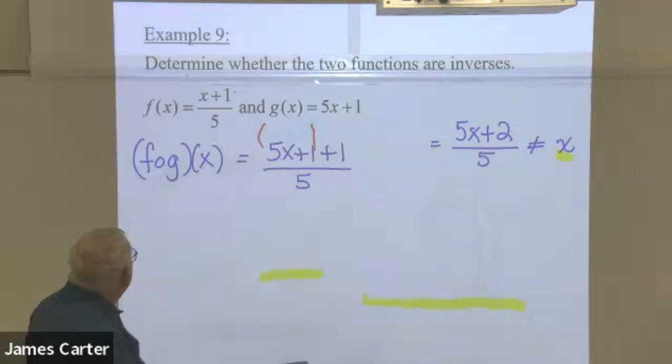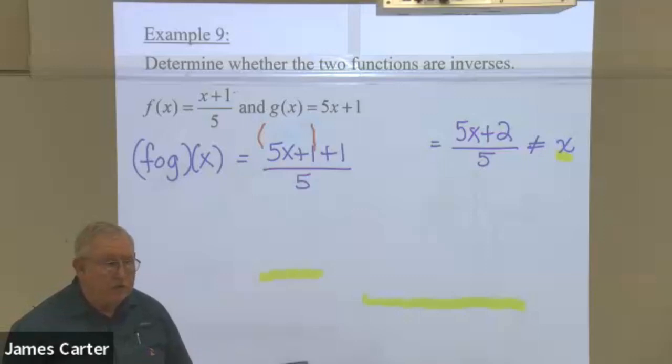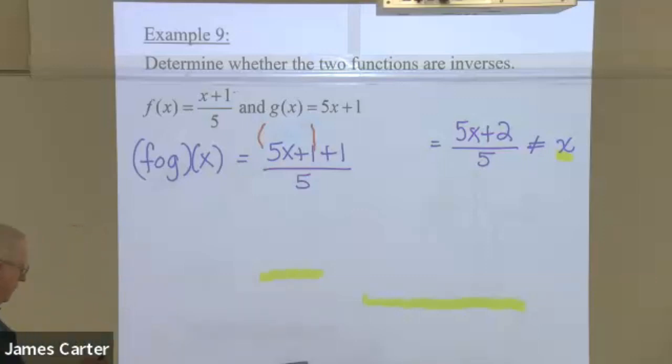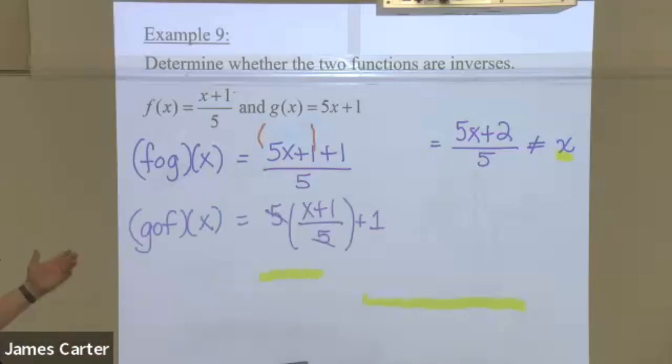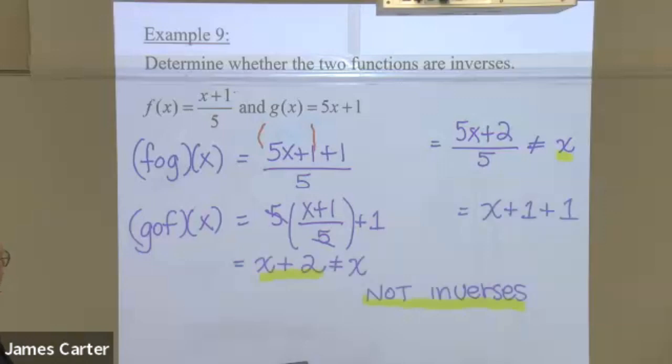We know that these two are not inverses, and we know that they are not one-to-one. Now, look at that one. Here they're doing it the other way, just to show you. And that one isn't going to come out x either.